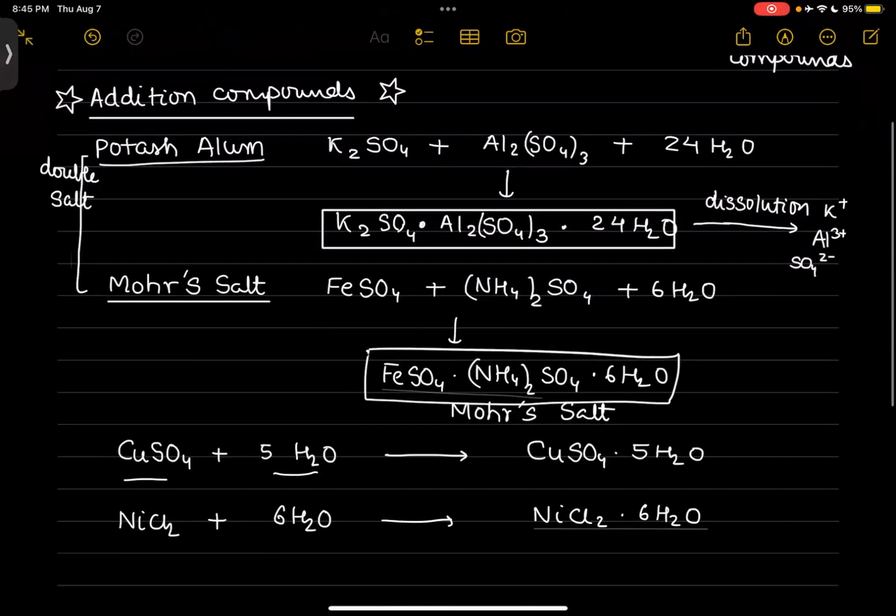So what all ions will Mohr's salt give, Marwa, upon dissolution in water? Can you tell me? Am I audible? Suppose you take Mohr's salt and dissolve it in water, what all ions will you have in the water?